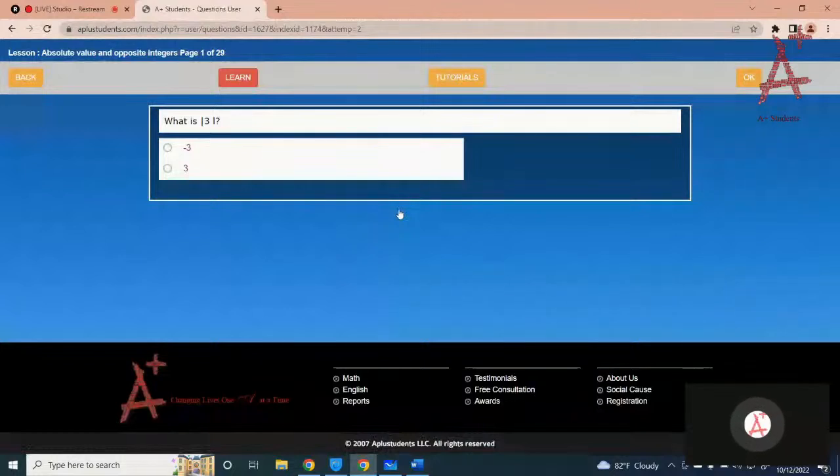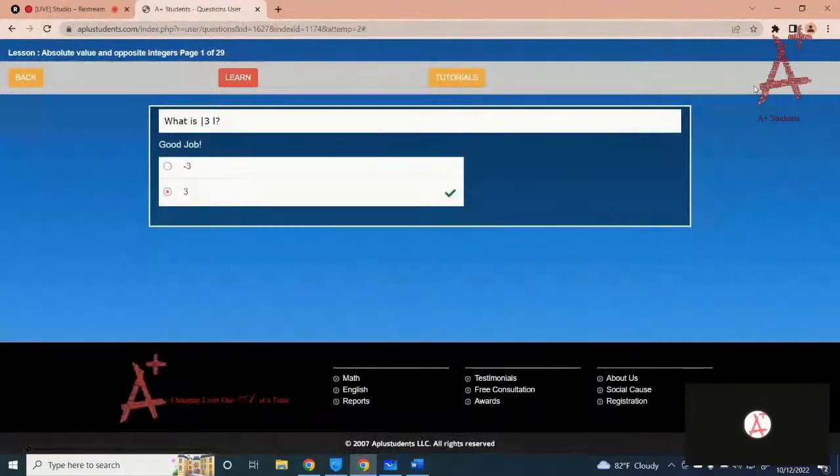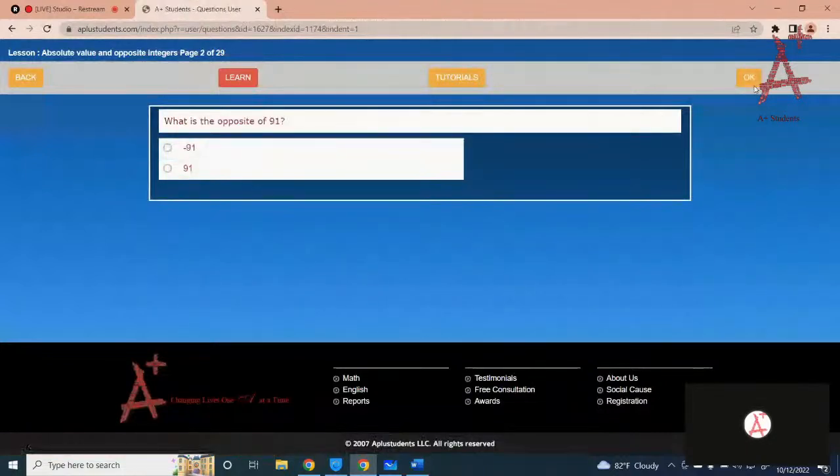What is absolute value of 3? So we know that the absolute value of 3 is 3. Got it? Select the correct option and click on the OK button. What is the opposite of 91? It is negative 91. Got it?